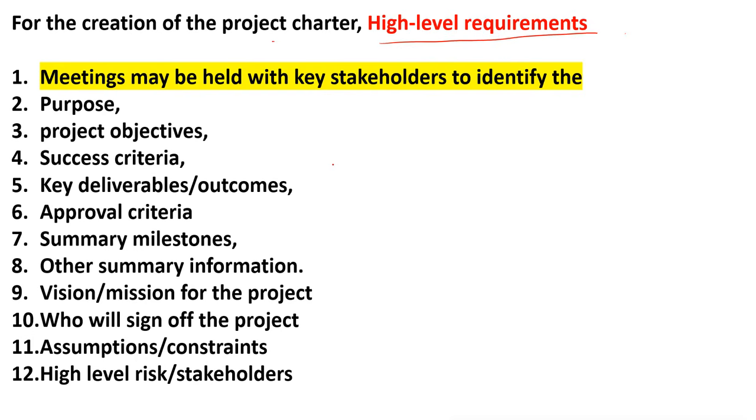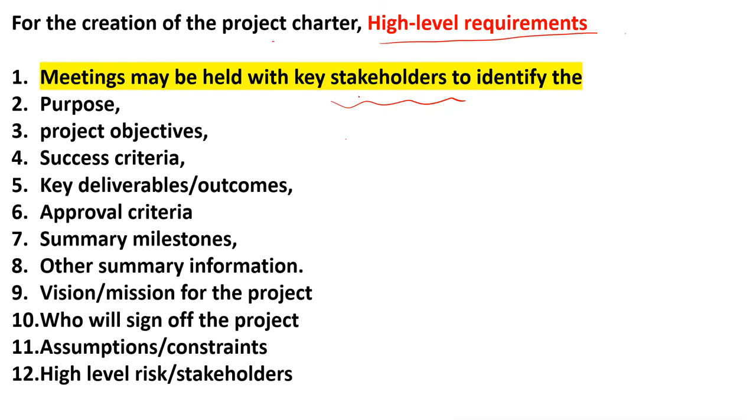We do not write down anything in detail, only the high level requirements we write in the charter. But the other important thing is that the charter cannot be made by the manager or the sponsor alone. Everyone should be involved, all the stakeholders. Who are the stakeholders? Anyone who is related to the project: our vendors, our customers, our management team, development team, sponsor, all are called stakeholders.